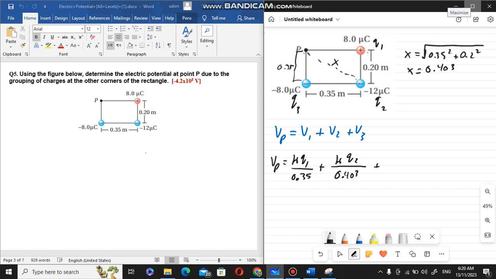So plus the last one, which is K Q3 over the distance, which is 0.2.